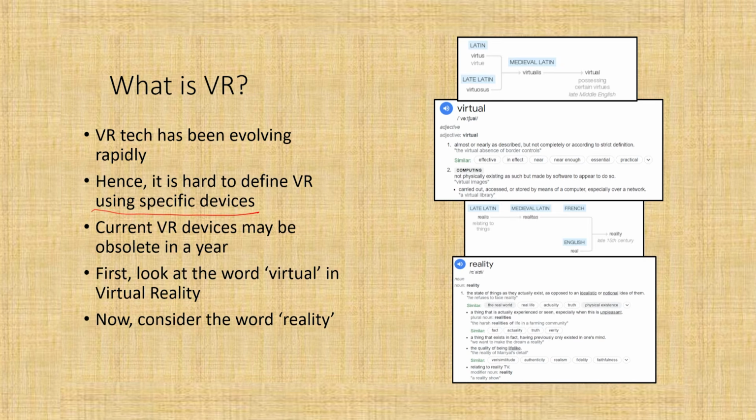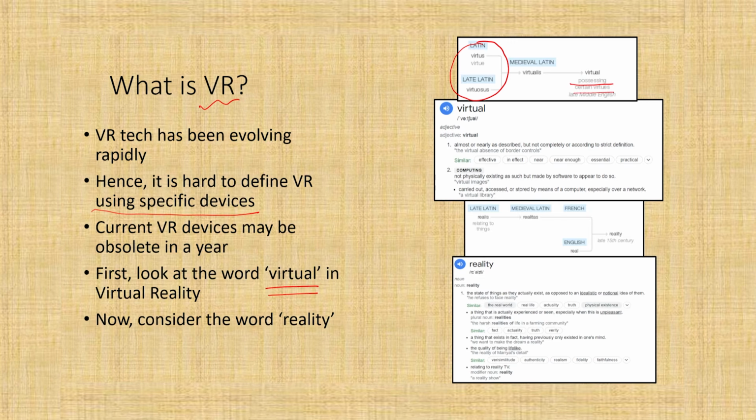So, let us break down this word to understand this a little bit better. First, look at the word virtual in virtual reality. If we see the origin of the word virtual, it comes from virtue or late Latin, which is virtuosus, and it essentially means possessing certain virtues.